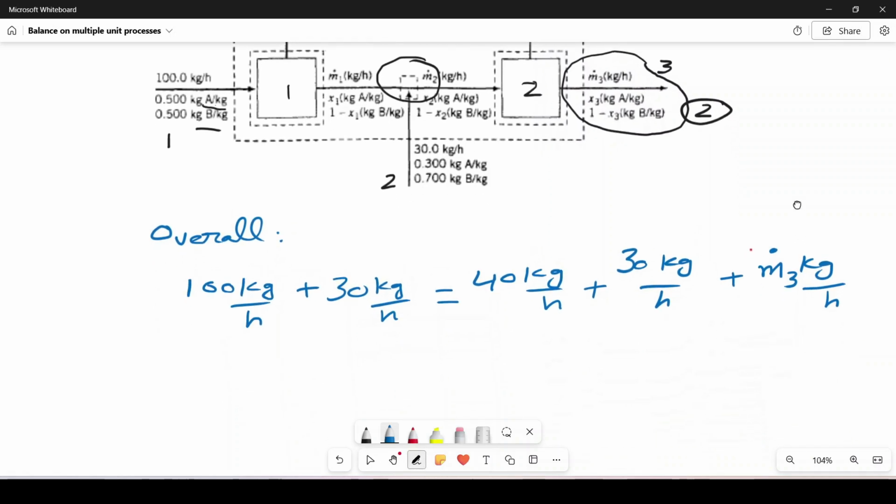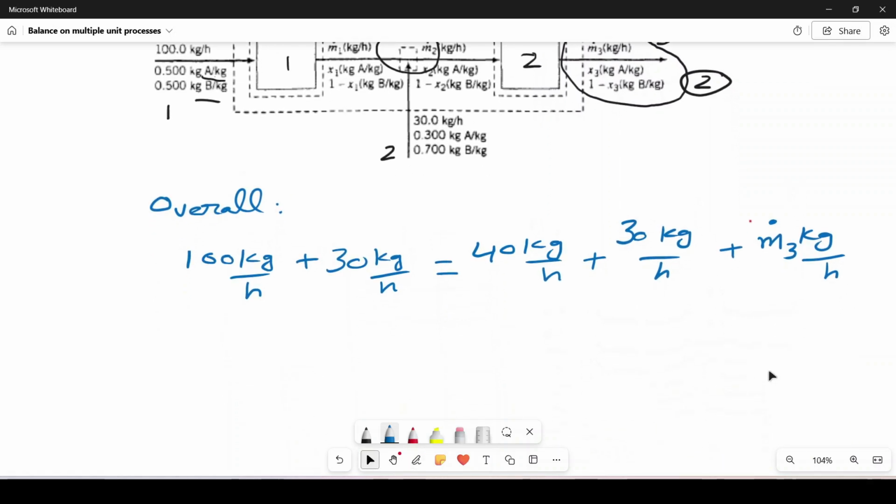When we solve this, we get M3, the mass flow rate of this stream, and it comes out to 60 kg per hour.